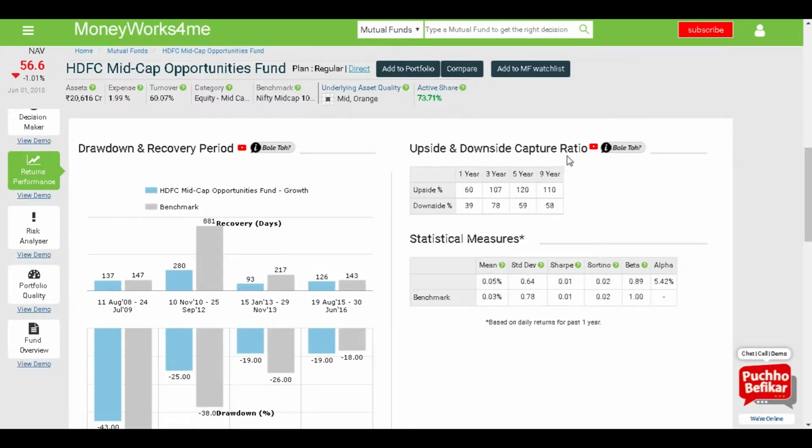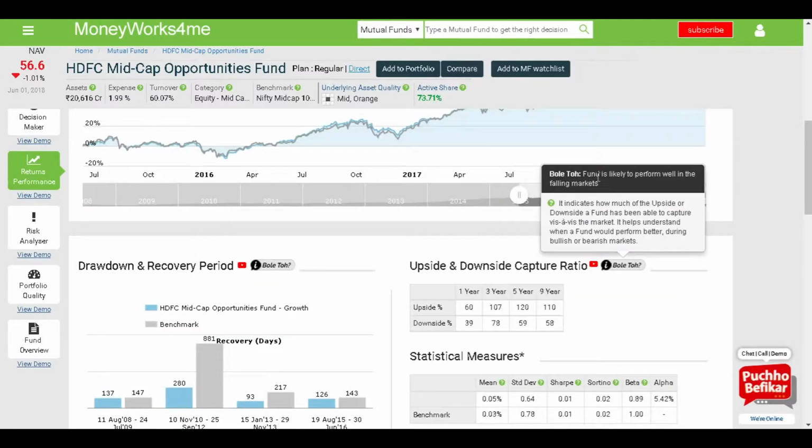This upside and downside capture ratio is an important table to see, and when you see this, you see again in comparison to the index how it has done when the markets went up, which is the first row, and how it fared when the markets went down. And as you can see, lower numbers on the downside percentages indicates that this fund tends to do better in falling markets or bearish markets.